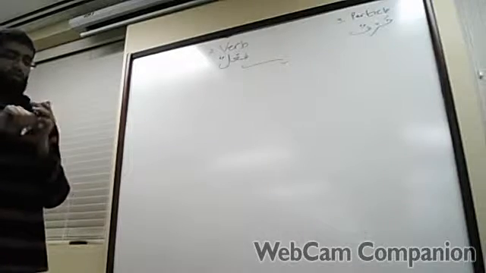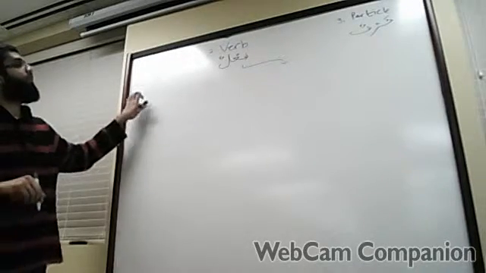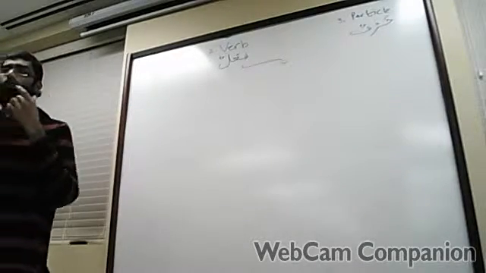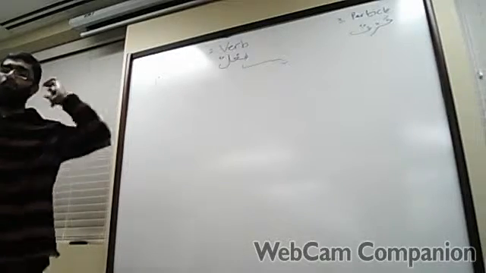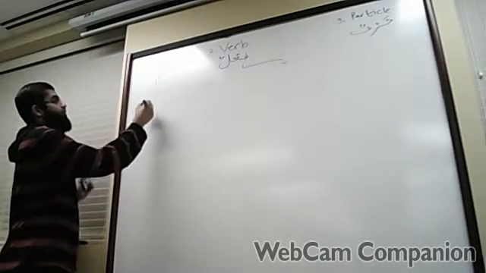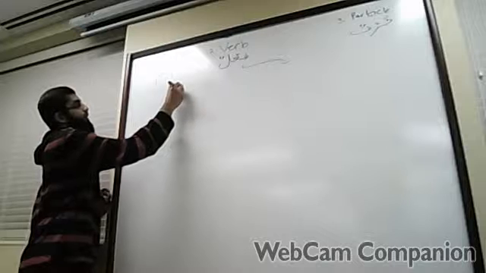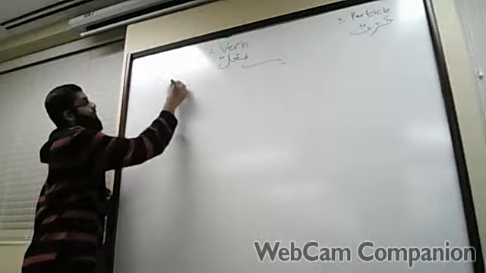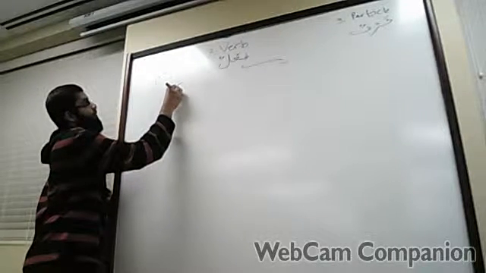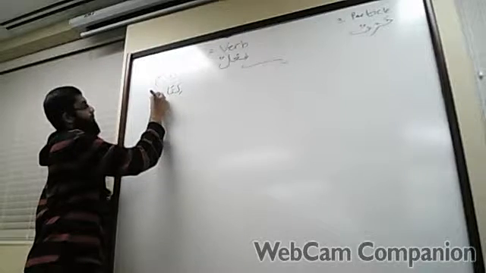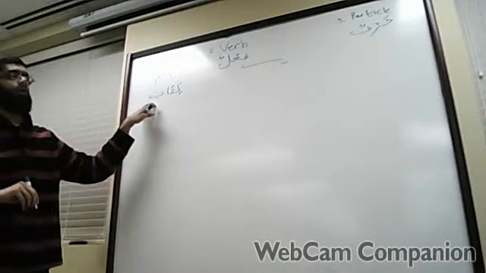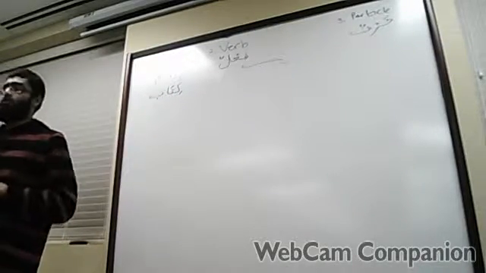So one of the things that we learned about ism was that there are 3 cases of an ism, right? So usually if you have something like kitabun, what does the ba have on it?